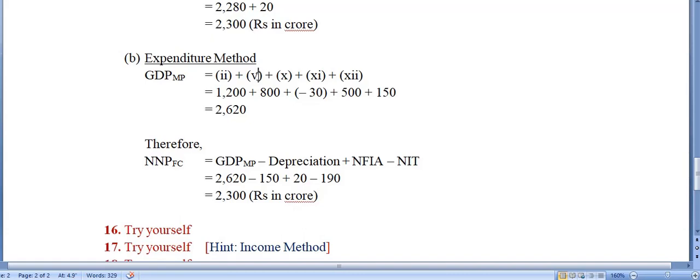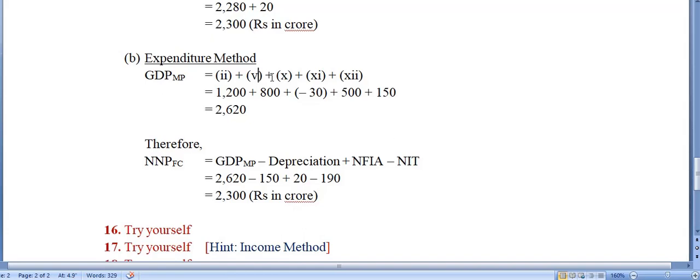NFIA is also not included here. NIT, should we include it here? No, NIT is not included, because NIT is already involved when you're talking about expenditure, as those expenditures are calculated at the market value. So NIT should not be included.